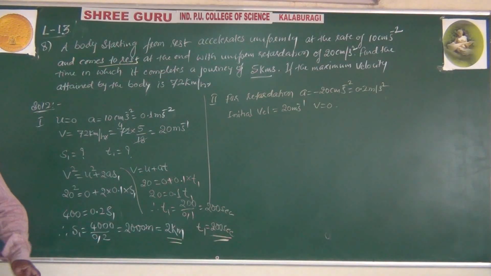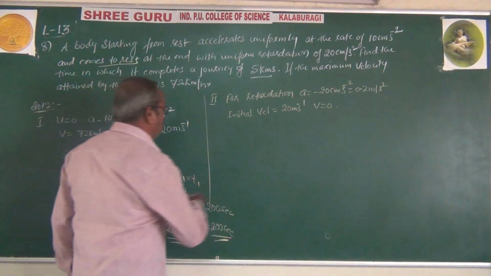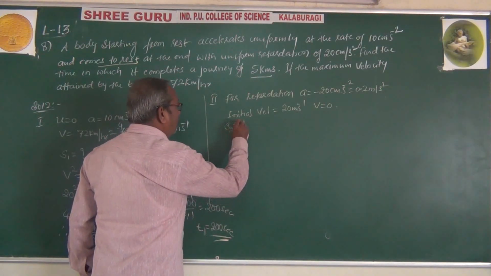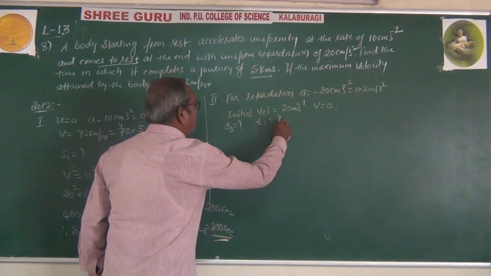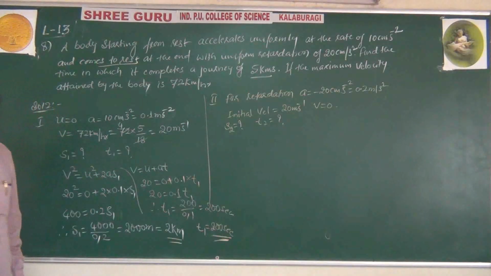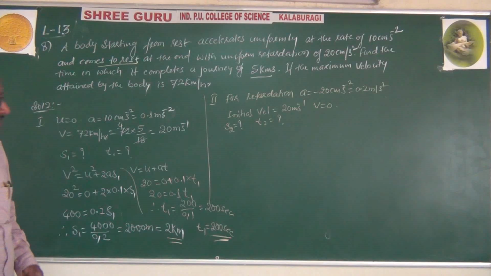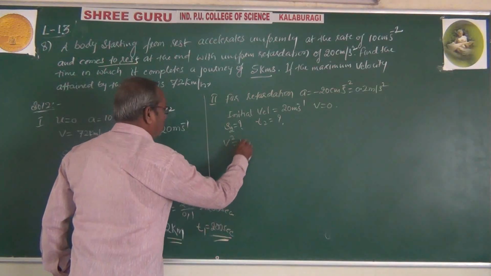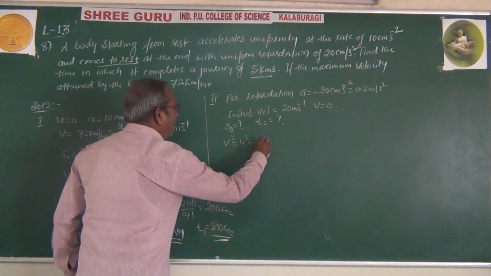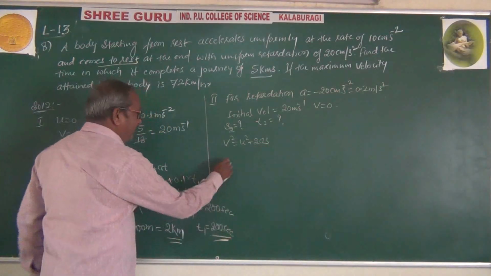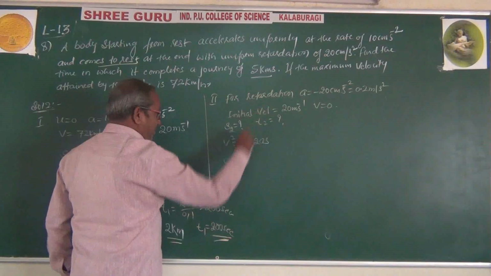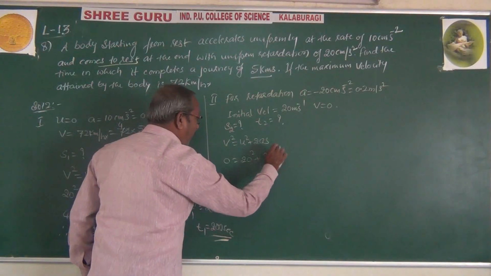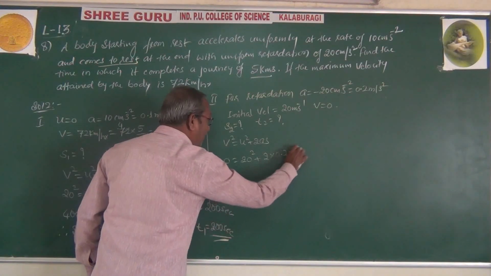Now here again you have to find the distance S2 and time T2. For that you use the same relation, V squared equal to U squared plus 2AS. V is 0, U is 20 squared plus 2 into 0.2 into S2.